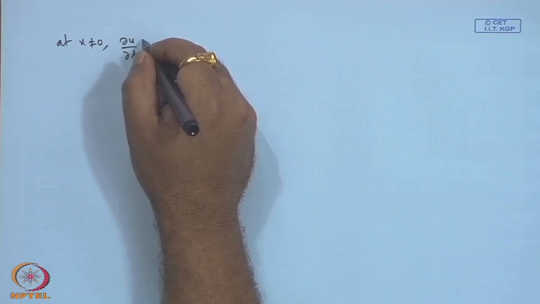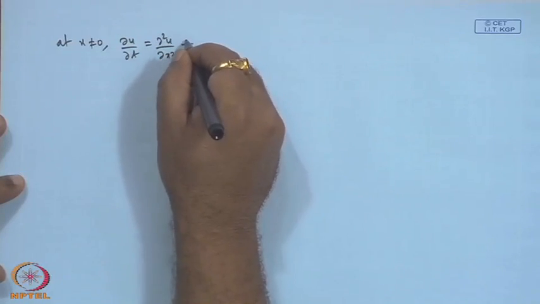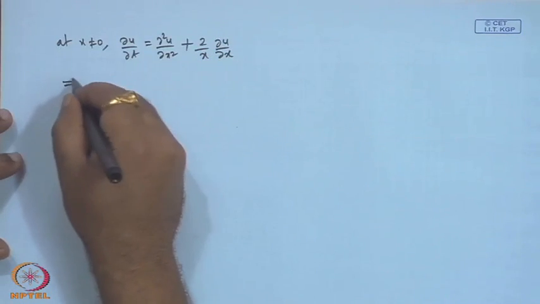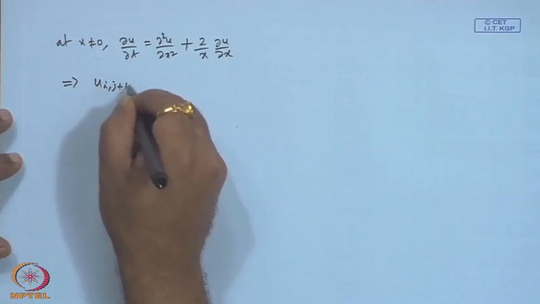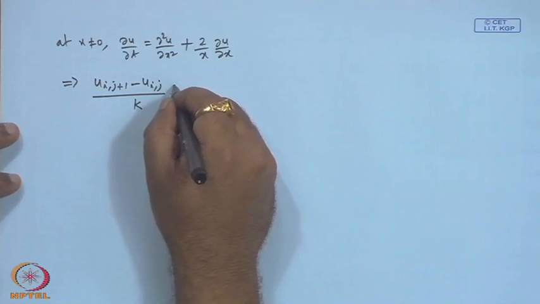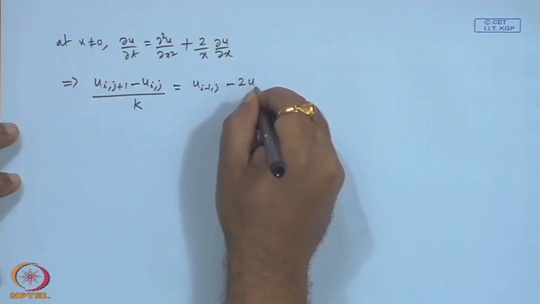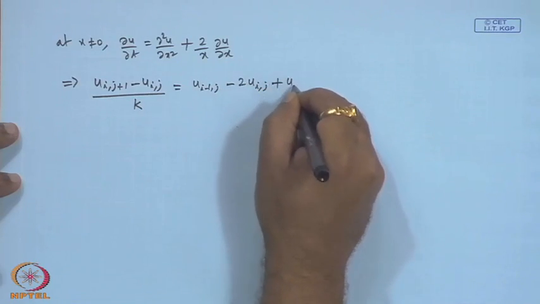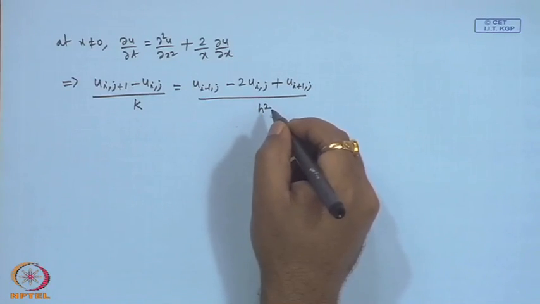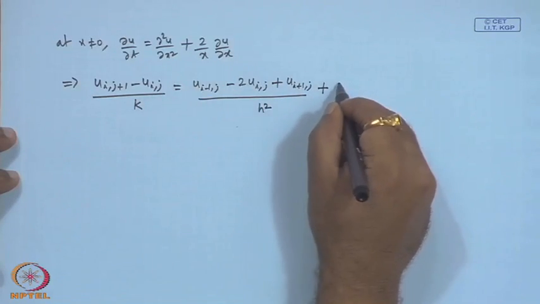So, our given equation is, so we discretize, two by x.